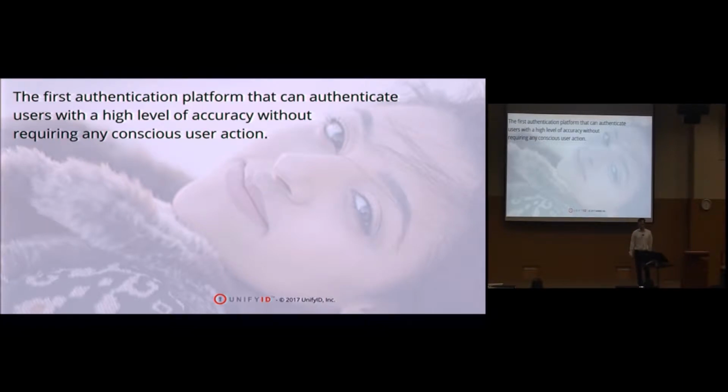So basically, we have this authentication platform that can authenticate users with a high level of accuracy without requiring any conscious user action. We think this is going to be an important form of technology going forward.